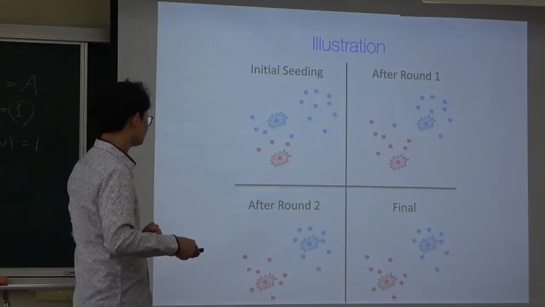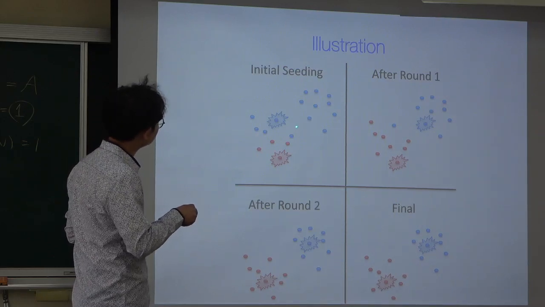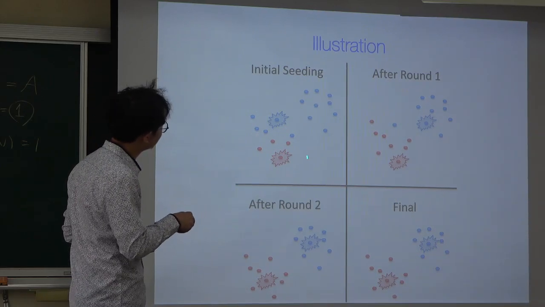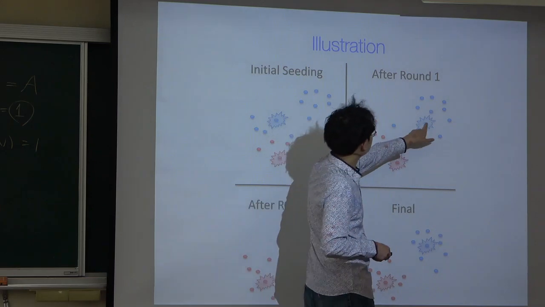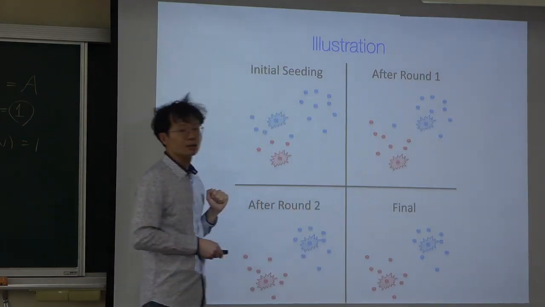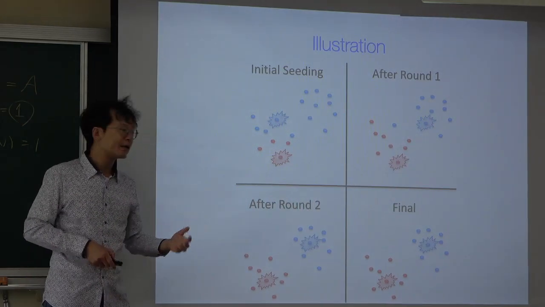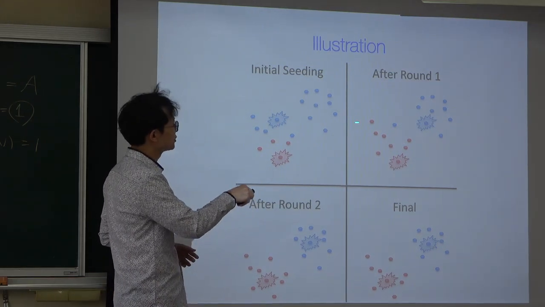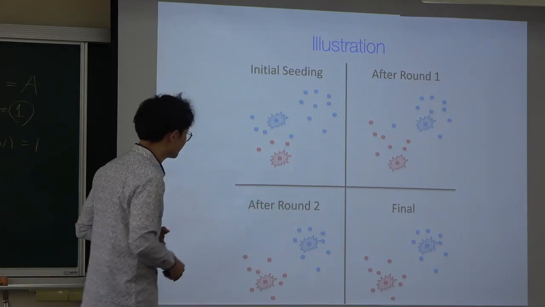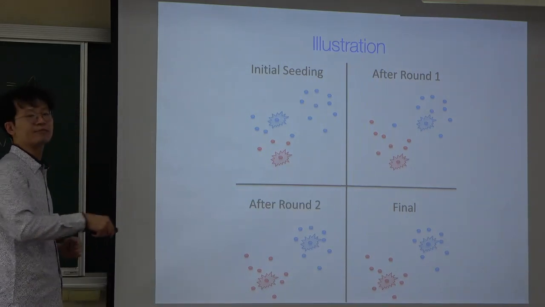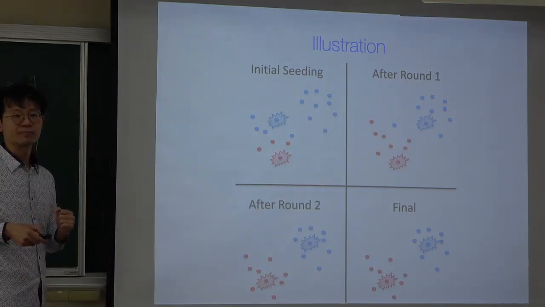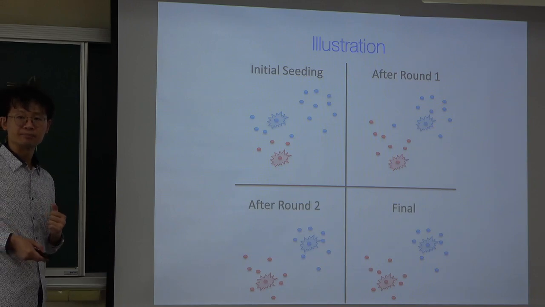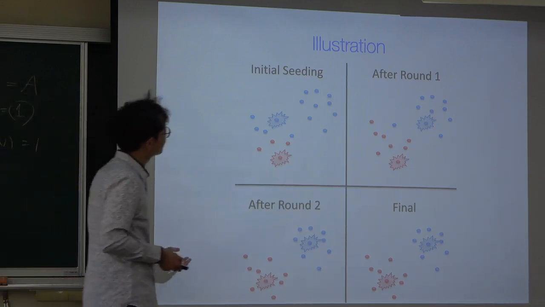After round 1, you find both of these clusters, and you evaluate the mean. Once you evaluate the mean, then you reassign the points to the center, and you iterate, and finally you get the clusters, and also the means of each cluster. So the idea is very simple.